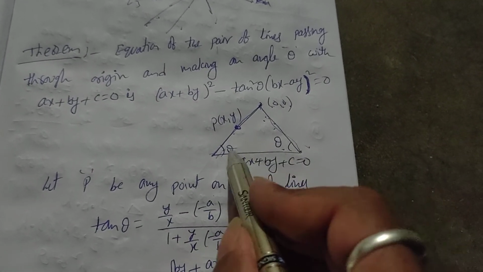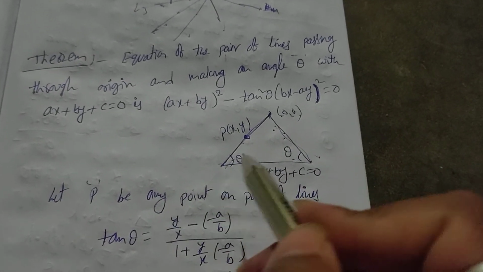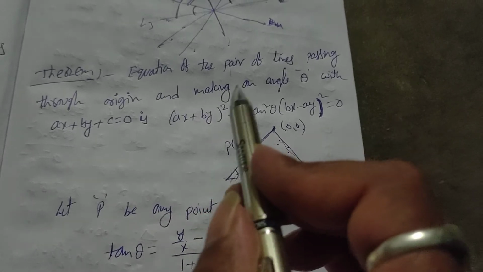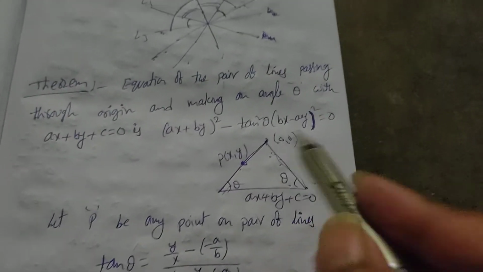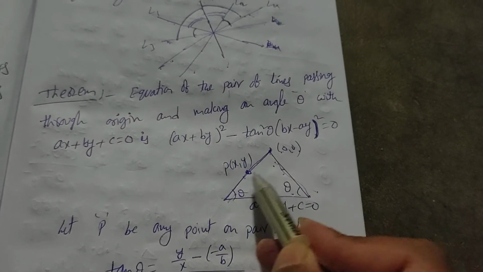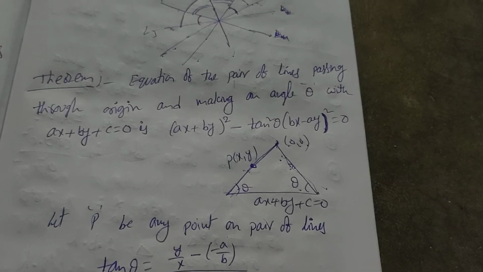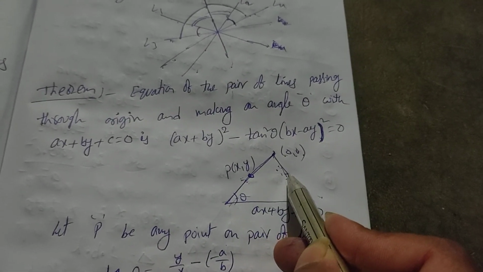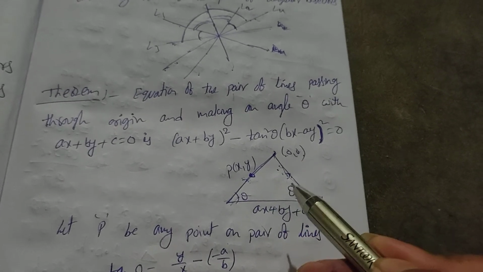So if this angle is theta, we are going to prove this one, (ax plus by) whole square. That means we are finding the equation of the pair of lines passing through the origin. To find these two lines, we have to consider any point on either one of the sides; on both sides we cannot take a single point.